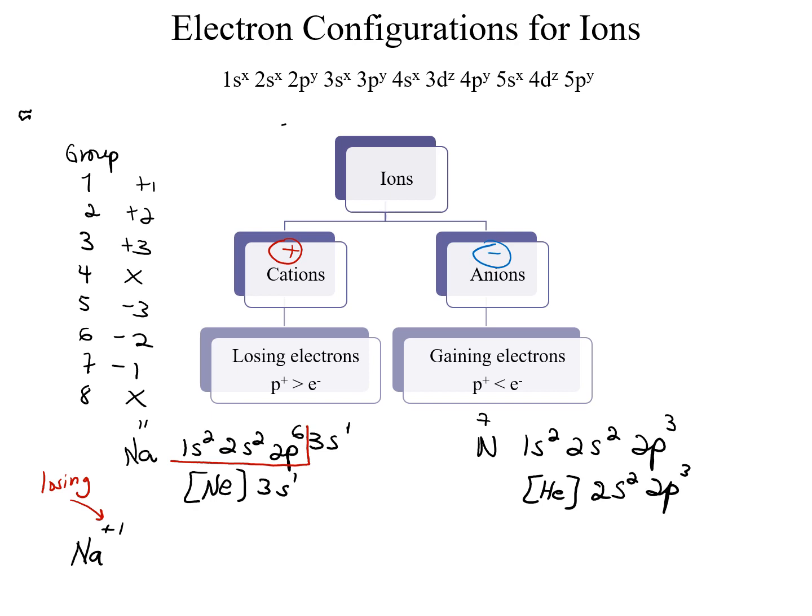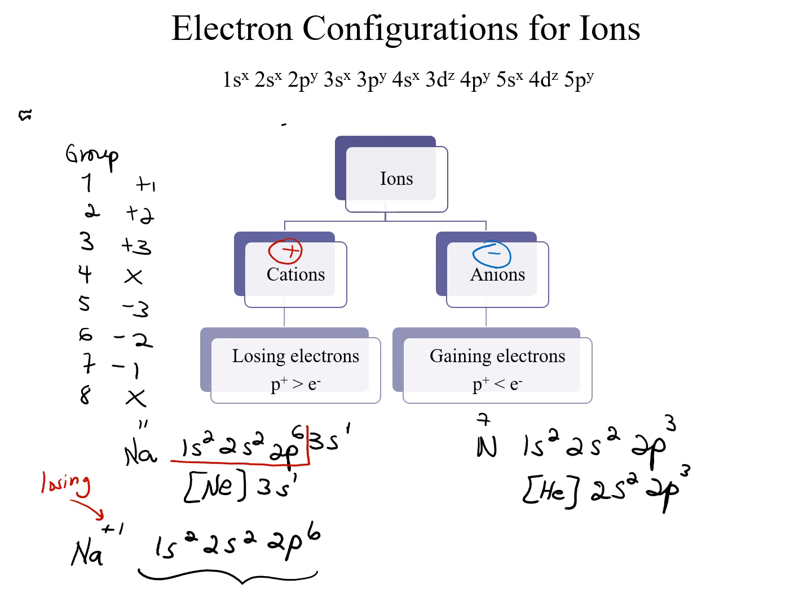So when you have the charge of +1, it's losing 1, and your number of electrons goes down from 11 to 10. So if you're writing down the electron configuration for sodium +1, you're not writing down the electron configuration for 11 electrons. You're writing down the electron configuration for 10 electrons, which is going to look like this.